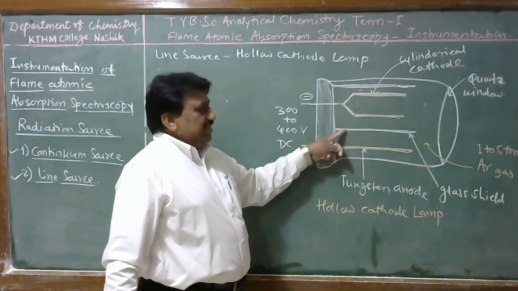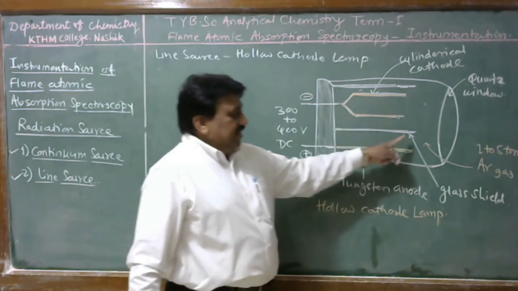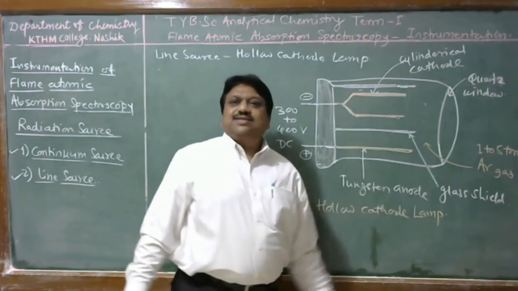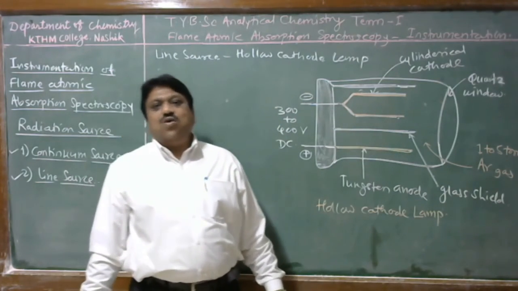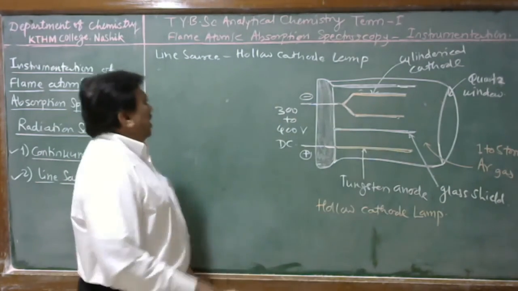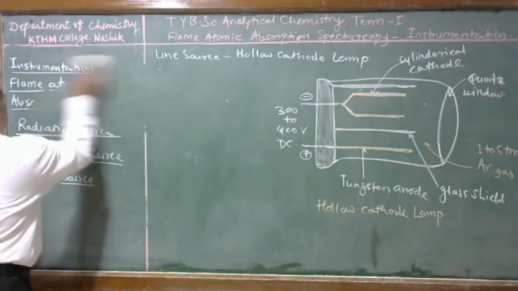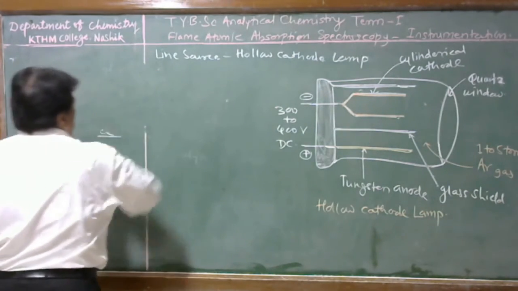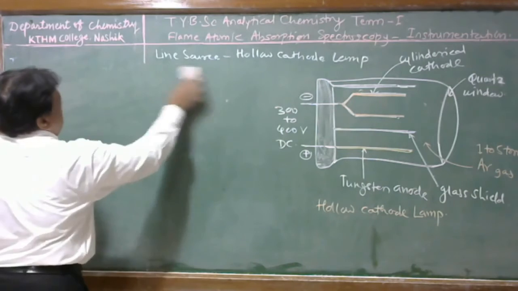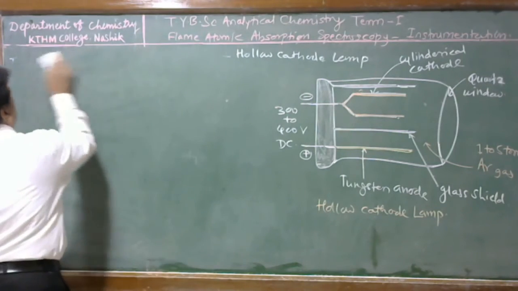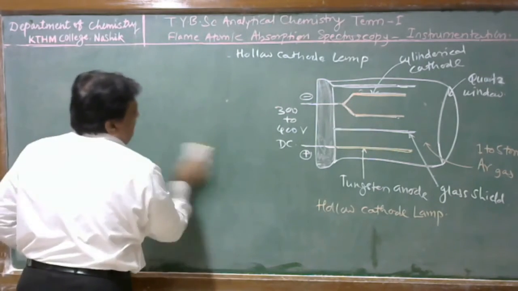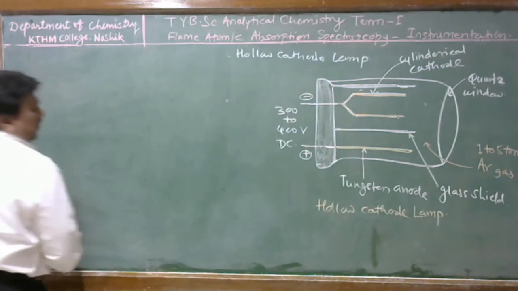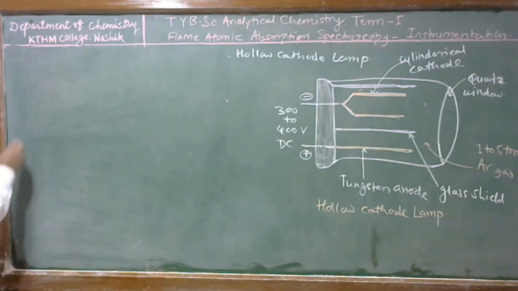These two are glass sealed, and inside the glass bulb there is neon or argon gas at very low pressure. Now we discuss how this source works. It is a line source that uses the limited number of lines which are required for the analyte element.